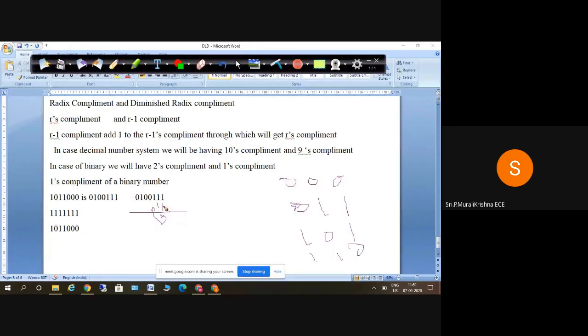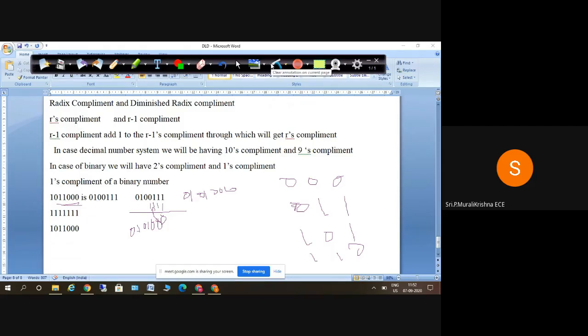So 1 plus 1 is 0 with carry 1, and again 1 plus 1 is 0 with carry 1, and again. The final result is 0101000. This is the 2's complement of the given number.